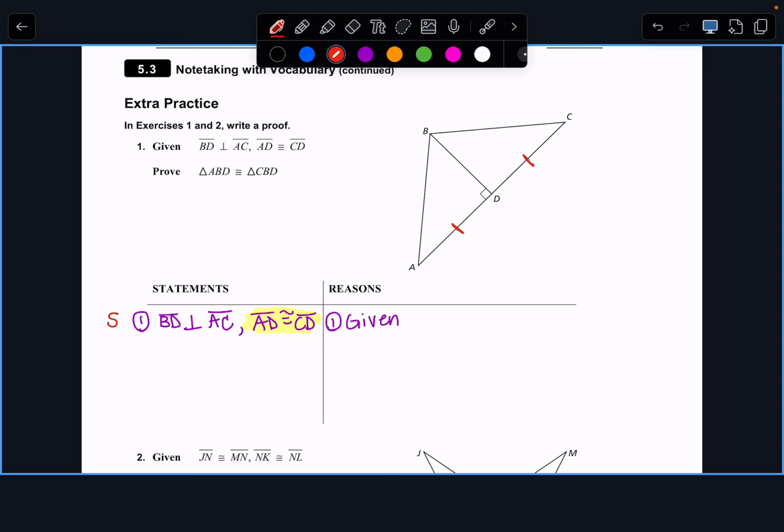So what we can do is we can say, okay, since we have perpendicular, we know that the measure of angle ADB is 90, and the measure of angle CDB is 90. And how can we say that?